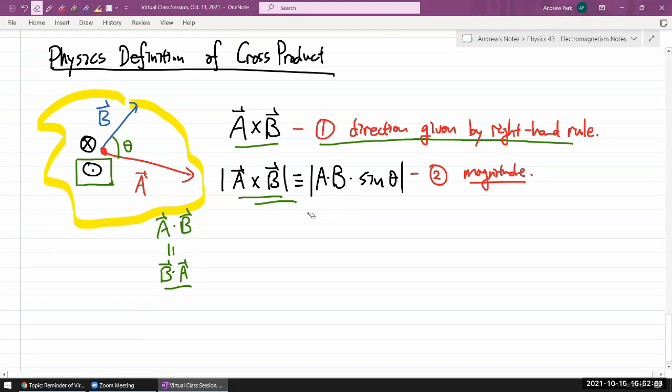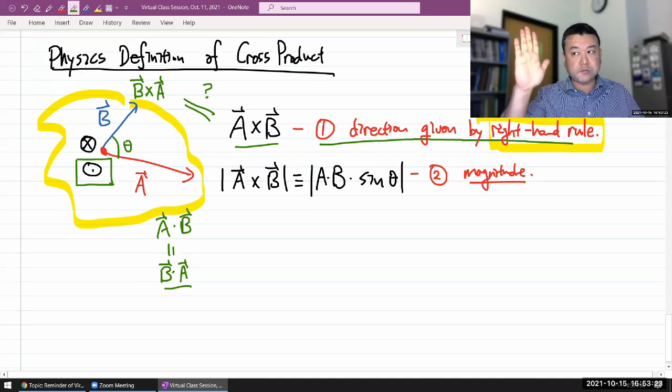But look at how we describe the right-hand rule. As we apply the right-hand rule, we talk about first vector, second vector, so the order seems to matter. So let me try applying the right-hand rule, treating B as the first vector. I'm imagining B cross A. Will it be the same as A cross B, or will it be something else?